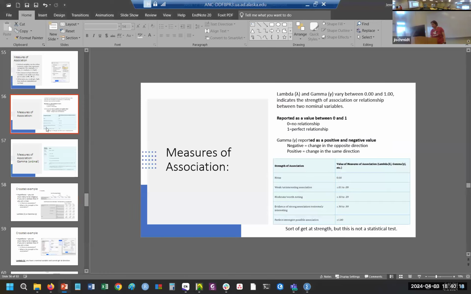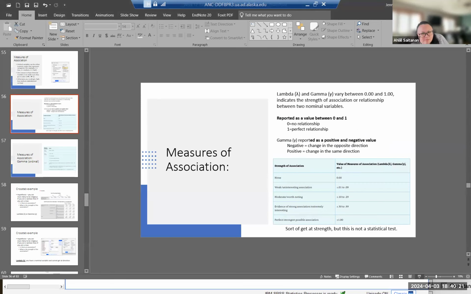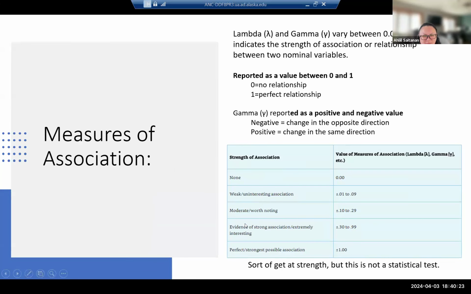Go back to our cheat sheets here. I would say strong. Yeah, you only have to have a 0.3 or above for it to be strong. Kind of weird in that these two categories are very narrow, and 0.3 and above is strong. But we would have a strong association between gender and attending religious services. So cheat sheets are helpful.